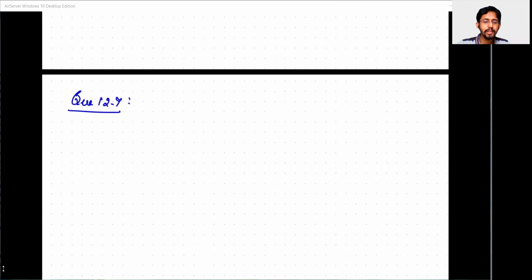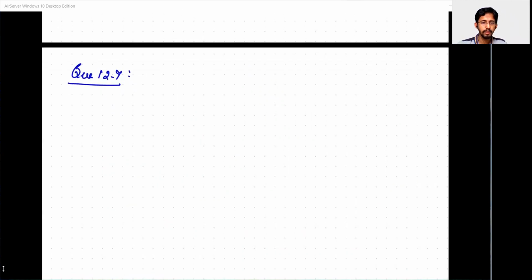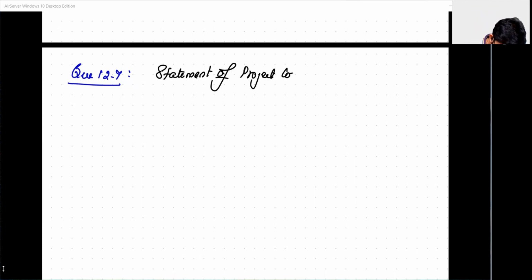Okay, so first will be the salary cost. So let's see, straight away we can start with the project cost sheet. Project cost sheet. Now, first is salary cost.